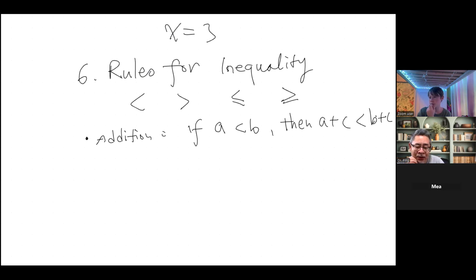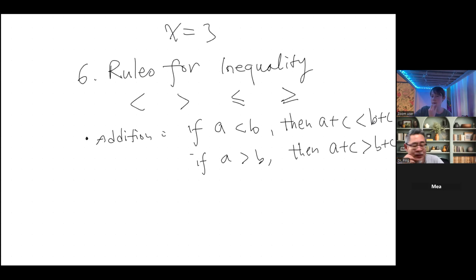The inequality is still true. And that works not only with less than, it works with greater than. For example, if A is greater than B, then A plus C is greater than B plus C.